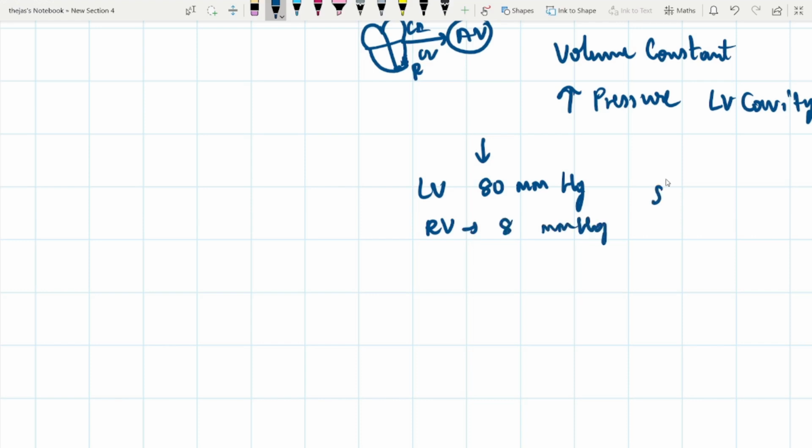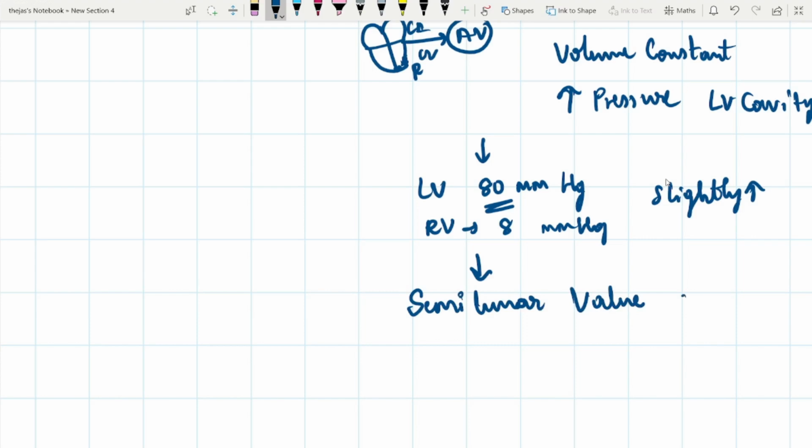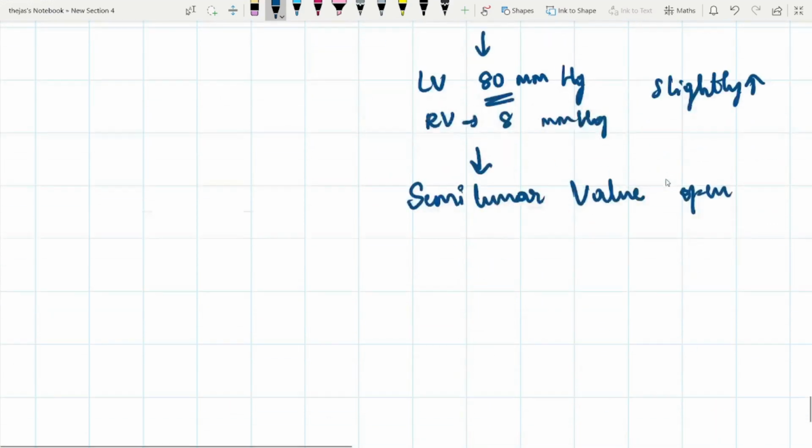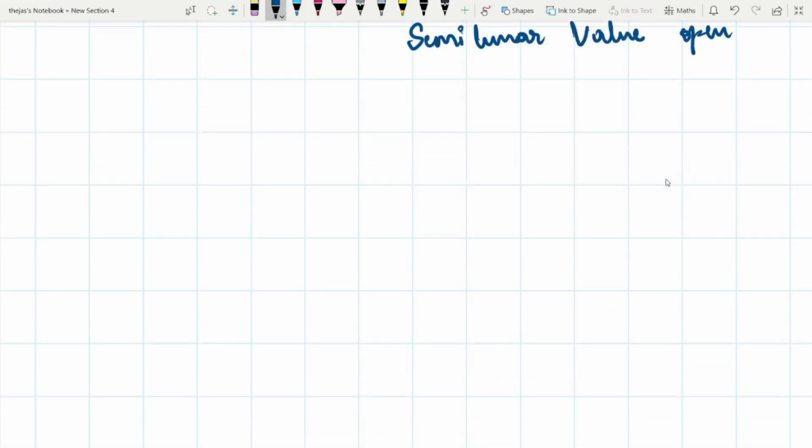When the pressure reaches slightly above this pressure, then what happens? Semilunar valves of aorta and pulmonary artery open. Then the next step starts. Isovolumetric contraction is over, it ended with opening of semilunar valve.